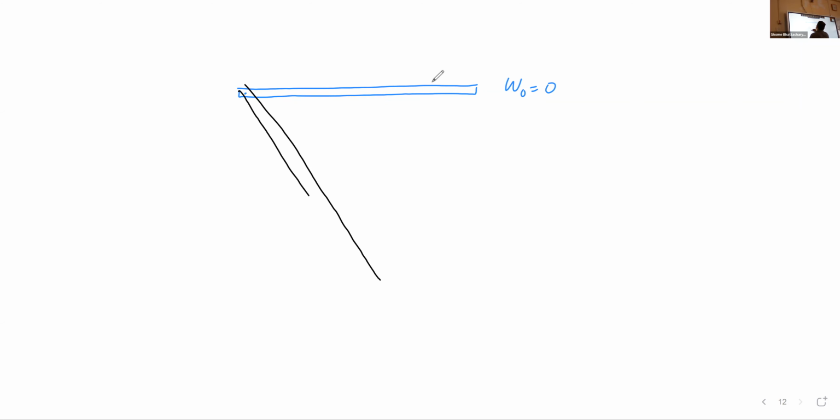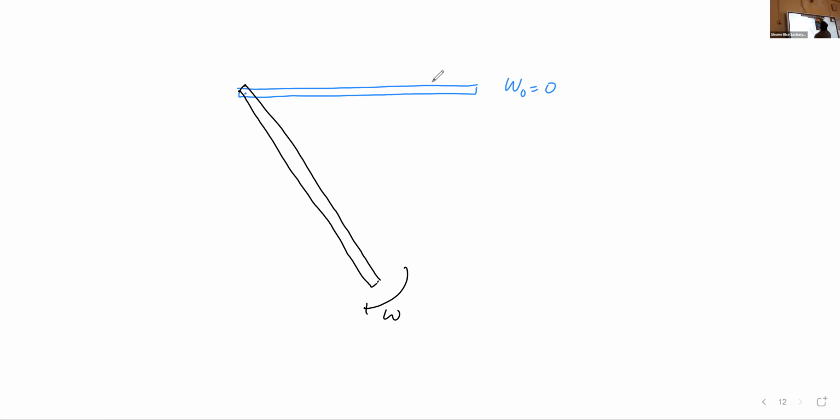So the rod was originally here, and its omega was 0. Now rotating about the hinge, it has come to this position. So by now it has an angular speed omega.